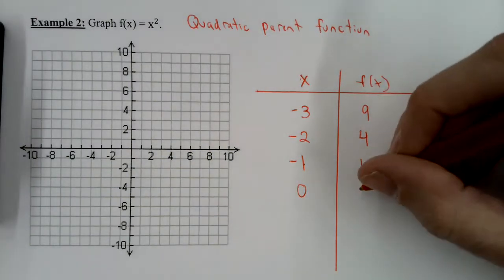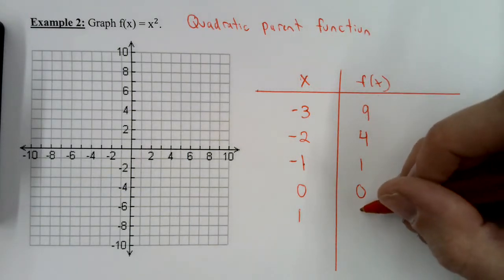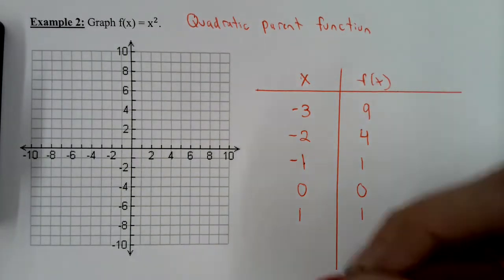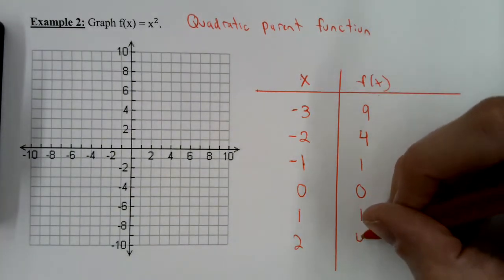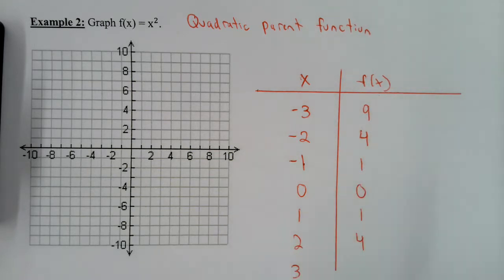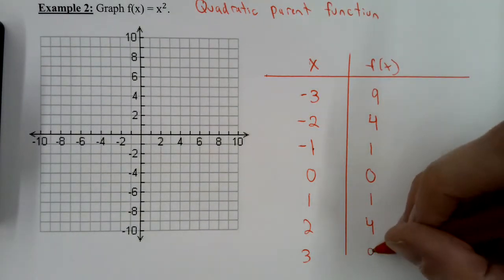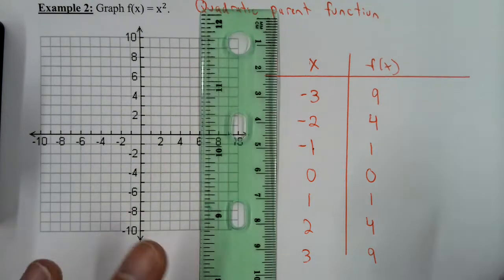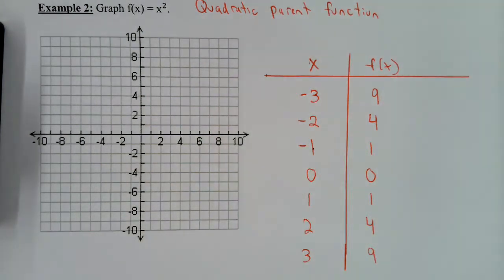When x is 0, 0 squared is 0. When x is 1, 1 squared is 1. When x is 2, 2 squared is 4. And when x is 3, 3 squared is 9. I think that's good enough for our table. Let's graph it now.